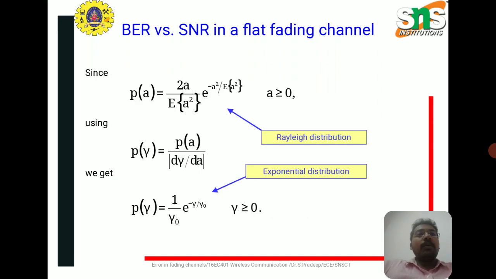Since p(A) equal to 2A divided by E of A square, e power minus A square divided by E of A square, in which A is greater than 0, using this we get p(gamma) equal to 1 by gamma naught e power minus gamma divided by gamma naught, in which gamma is greater than or equal to 0. These are used for Rayleigh distribution and exponential distribution.